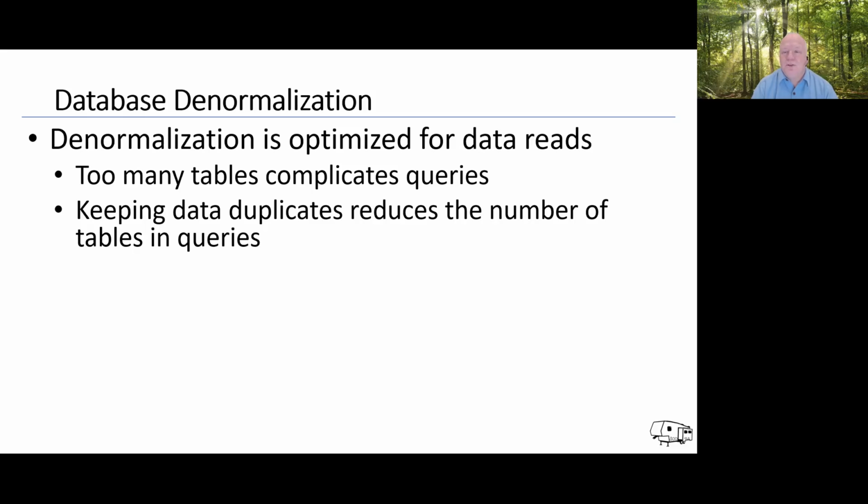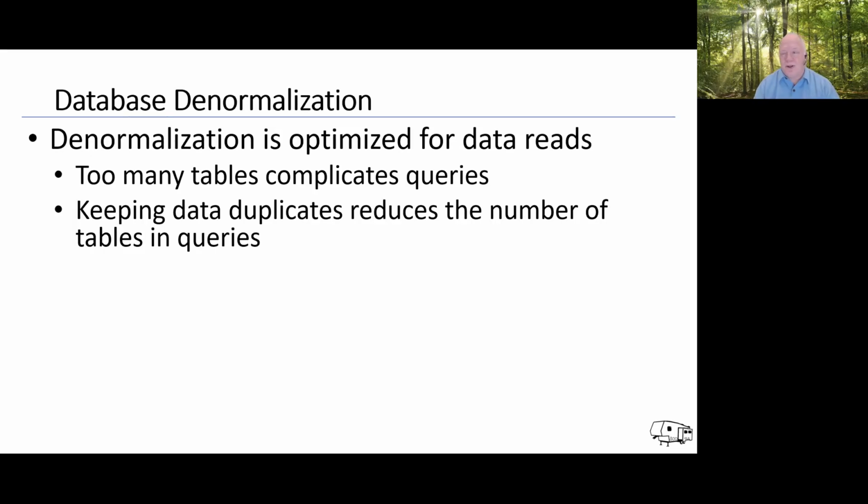But when you go to do reads, and if you have complicated queries to do those reads, then it becomes more problematic. And so sometimes keeping data duplicates reduces the number of tables in our queries. And as long as the data is not being used for transactional purposes, then you're okay doing some denormalization.